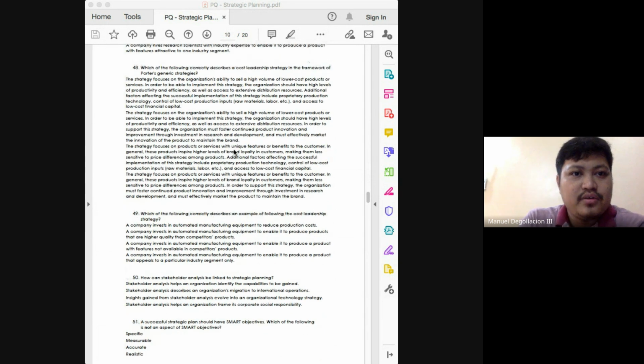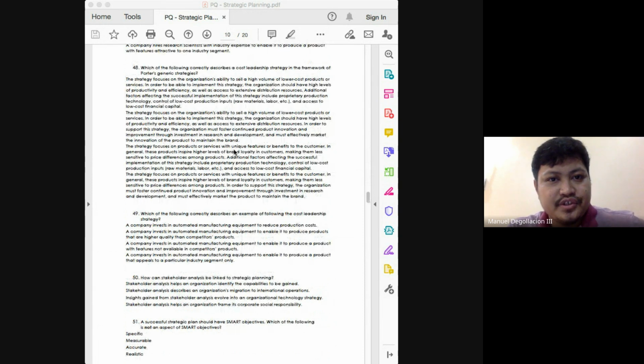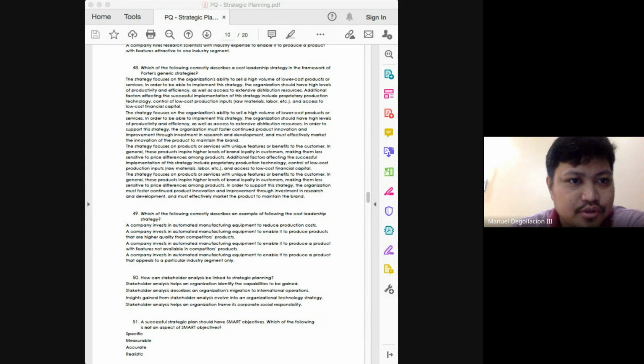48, which the following correctly describes a cost leadership strategy in the framework of Porter's generic strategies. The strategy focuses on the organization's ability to sell a high volume of lower cost products or services. Okay, so far so good. In order to be able to implement this strategy, the organization should have high levels of productivity and efficiency, as well as access to extensive distribution resources.